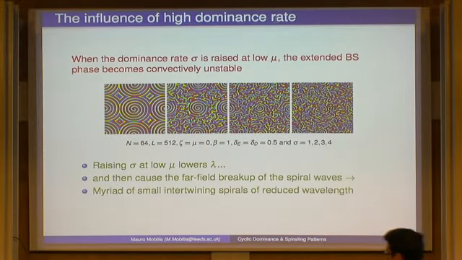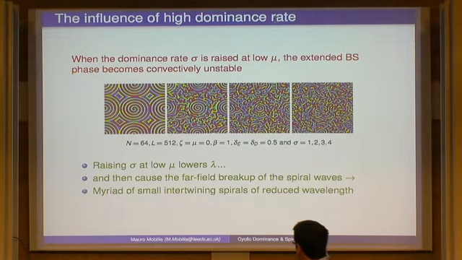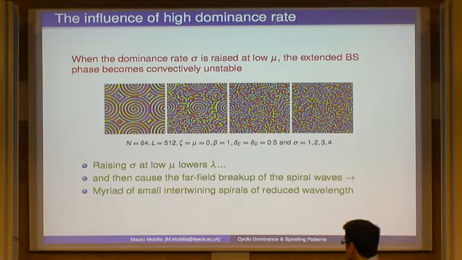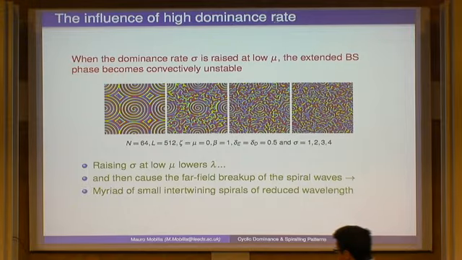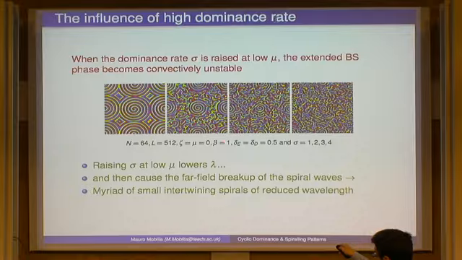But actually, it's not totally true, because if we keep increasing this rate sigma, keeping the other ones set to 1, say, so if this is much larger than the other rates, what happens is that this spiral wave again becomes unstable. So there is again this far field breakup of these spiral waves, and you have this myriad of spirals occurring when sigma is much greater than the other rates set to 1.